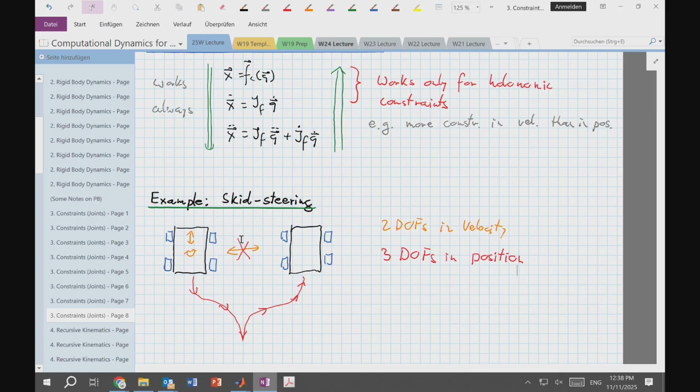And so planning for non-holonomic systems is incredibly difficult. This is why parallel parking is so hard, because you have to deal with a kinematic system that has non-holonomic constraints.